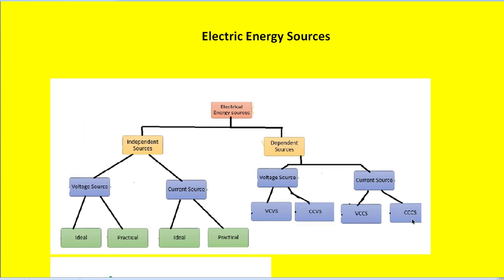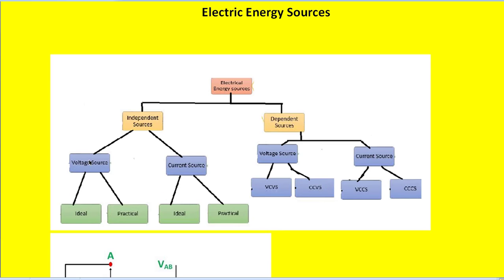We have seen the symbols for the ideal voltage source and the dependent voltage source, similarly the symbols for the ideal current source and the dependent current source, and we have seen the practical and ideal VI characteristics of the ideal sources, similarly practical sources.